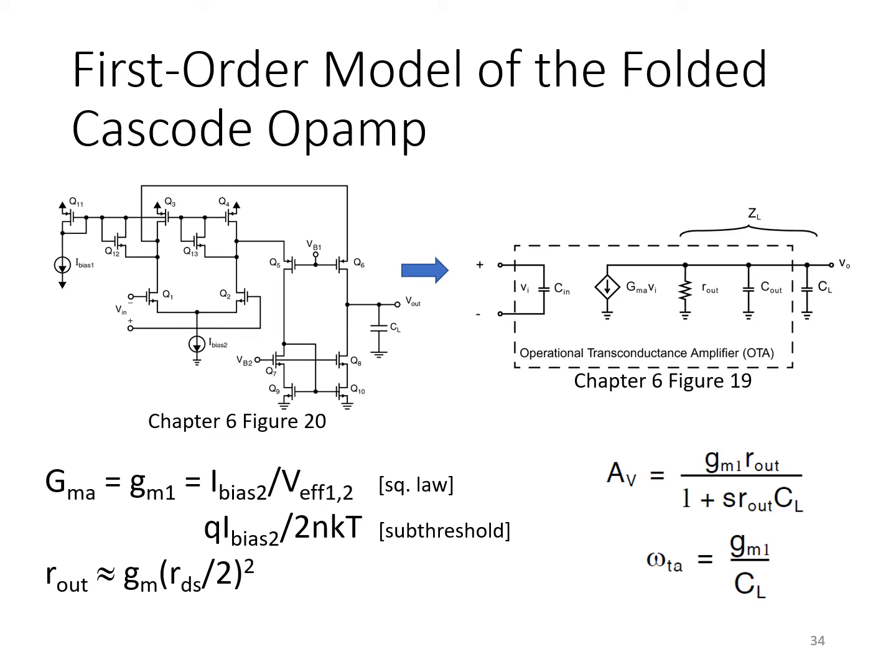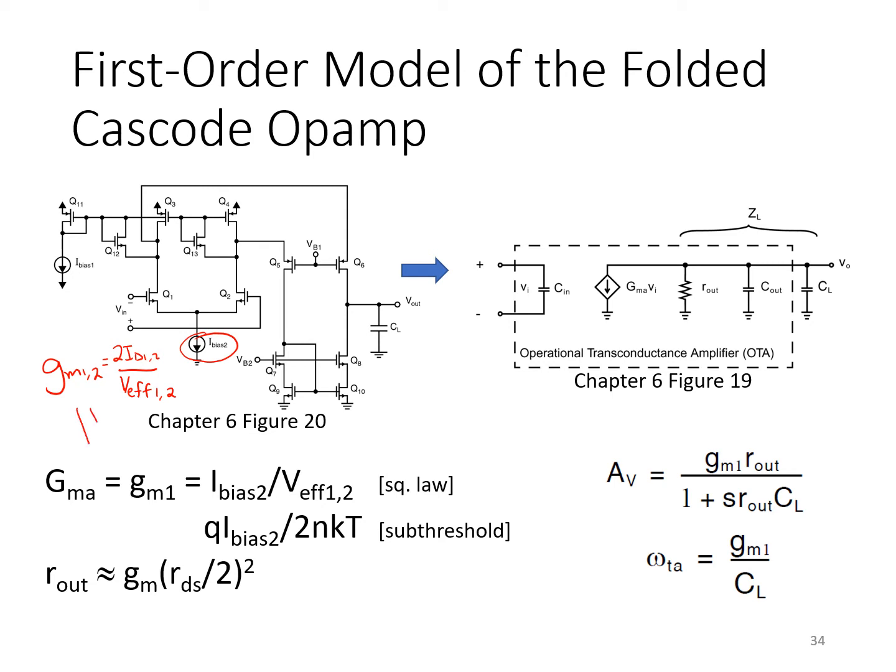Now, if we're biased in a square law regime, then we know that that small signal transconductance is equal to 2 ID over V effective. Now in this case, 2 ID in fact equals I bias 2.